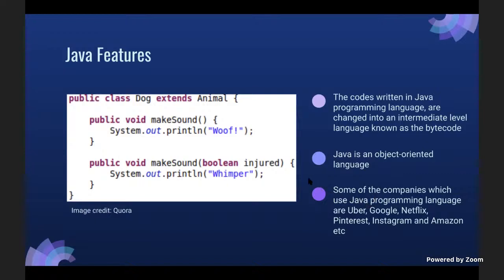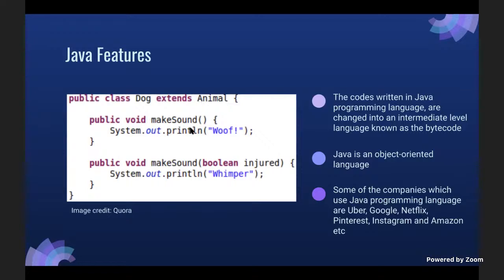So what companies use the Java programming language right now? We have the likes of Uber, Google, Netflix, Pinterest, Instagram, Amazon, or what have you. If you look at this code properly, you discover that we have a class called Dog, and we have an extension which is Animal.